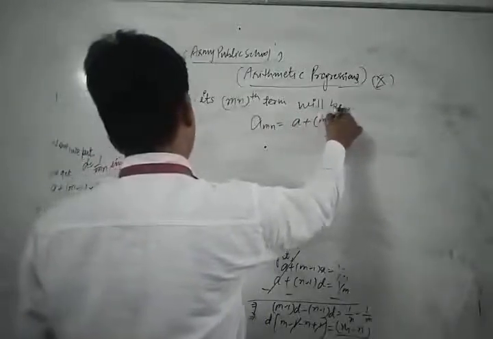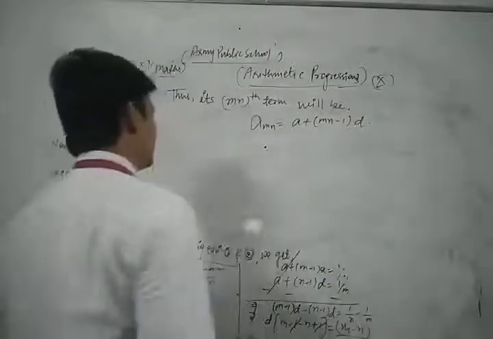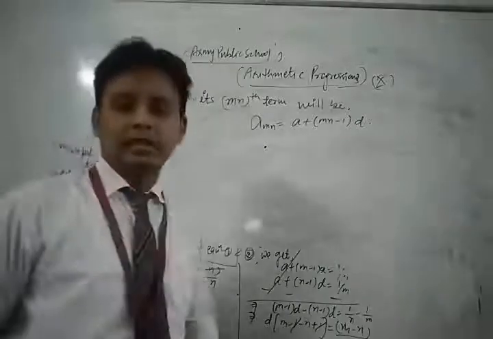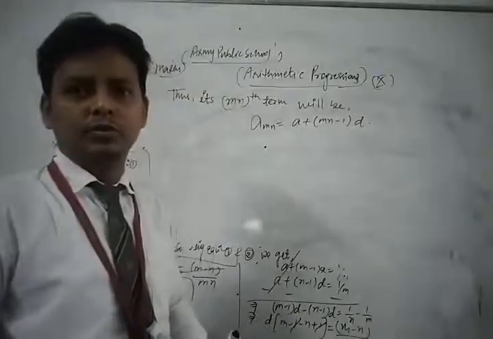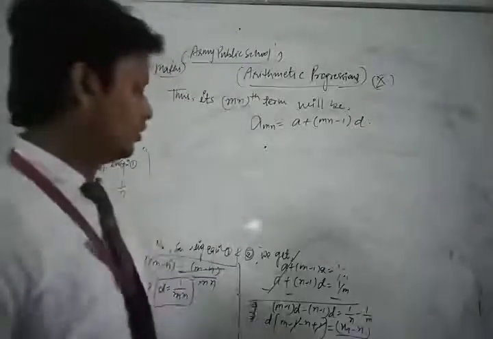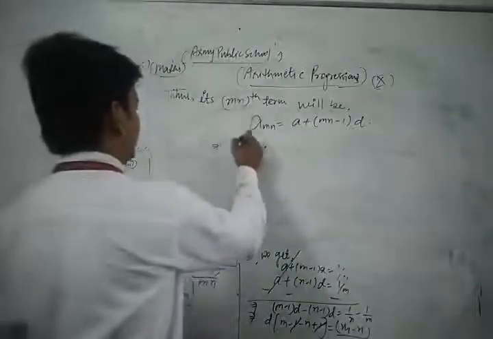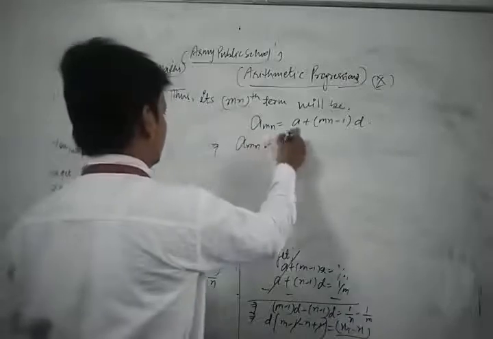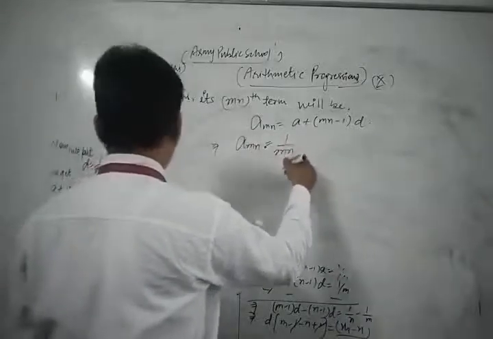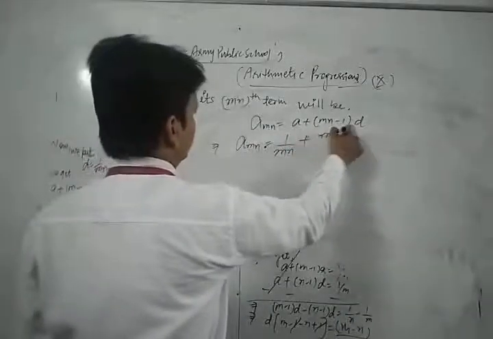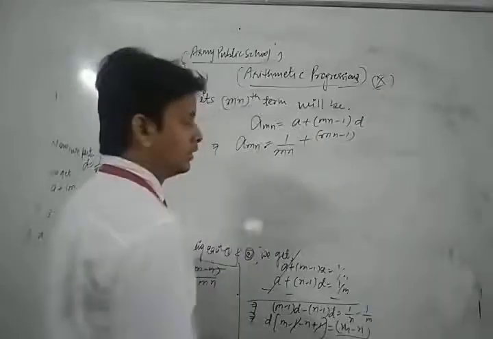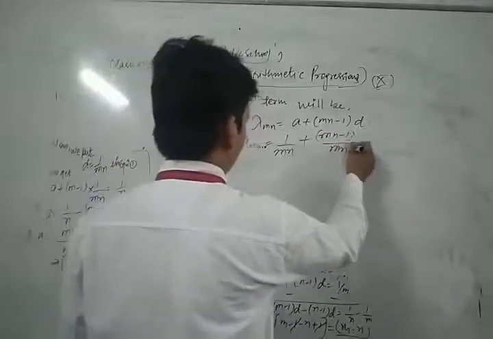A plus mn minus 1 into d. Okay, now we put the value of a and d. A is 1 upon mn plus mn minus 1 upon mn.